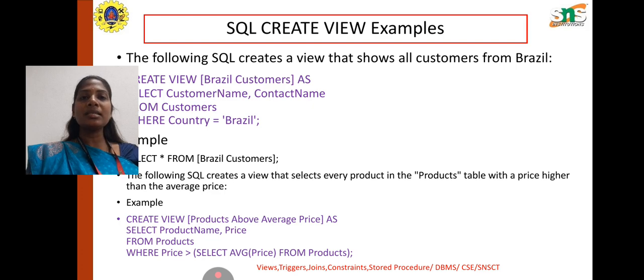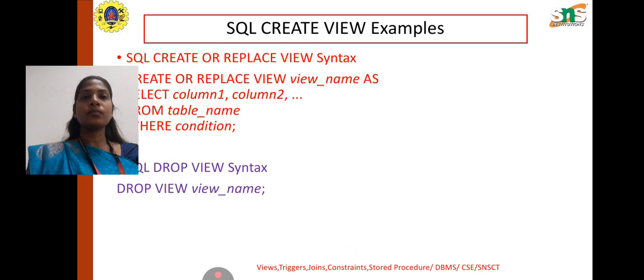Here products is the table name, where price should be greater than select average price from products. So the products list that contains prices above the average will be displayed in the final result.